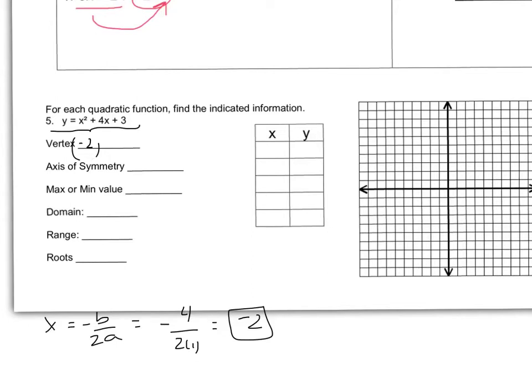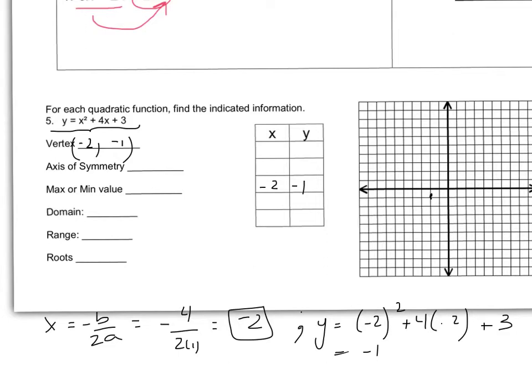So by plugging negative 2 in, y is equal to negative 2 squared plus 4 times negative 2 plus 3. You will get at the end negative 1. So negative 2, negative 1, that's your vertex.